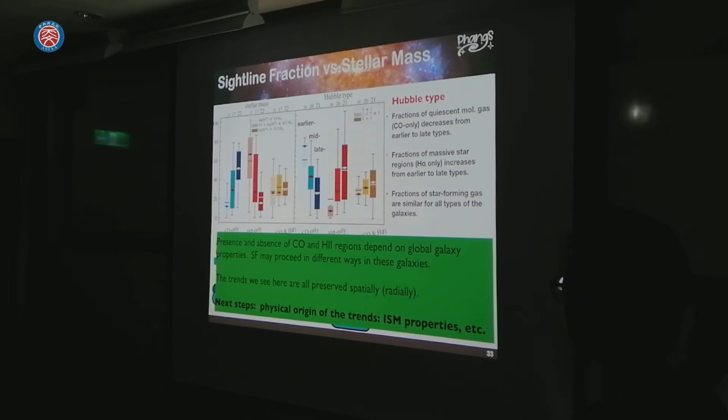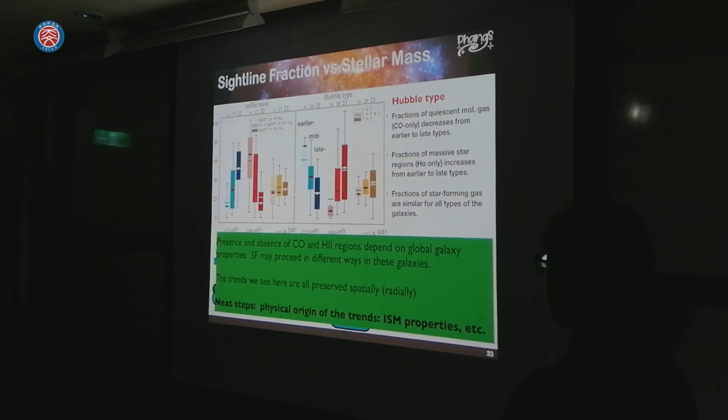And we also check other global properties like inclination or distance to make sure that this result is not driven by selection bias. And we also check whether these sightline fractions are correlated with the sensitivity and resolution of CO and H-alpha observations. And they all show no correlations between those observational properties and the sightline fractions. So we think the trend we see here is real.